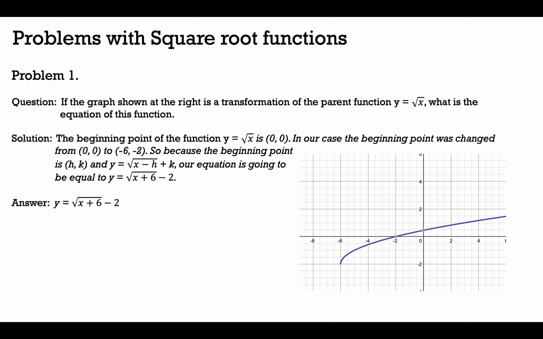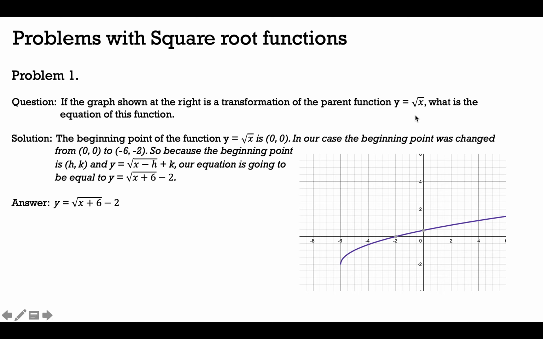But in our case, as you can see, the graph on the right, the origin now is -6, -2, changed from 0, 0, and then the y-intercept is 1/2. This is totally different. It changed a lot. So we need to find the equation after changing from the original one.